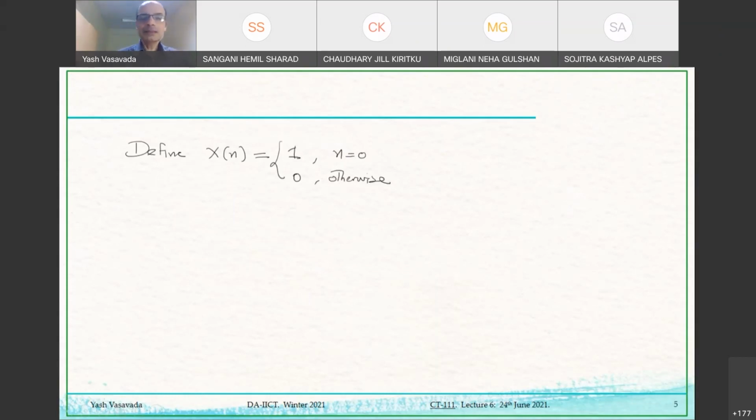So this would be what we would intuitively think of as an impulse, because if I want to draw this type of signal as a function of n, this is how it would look.